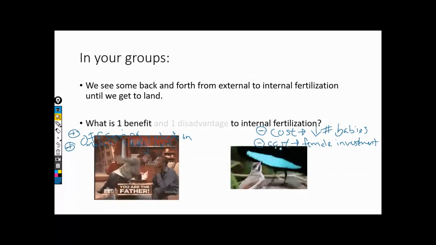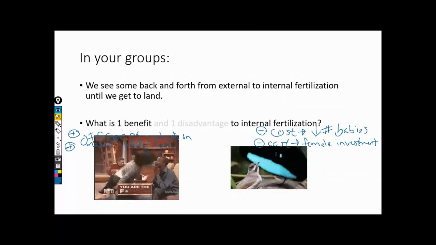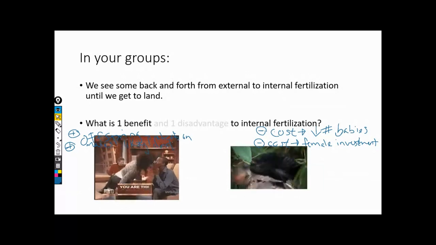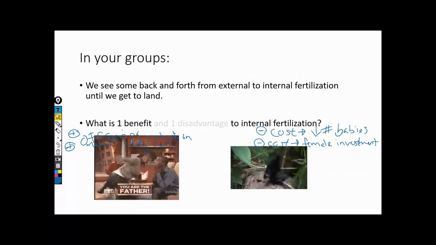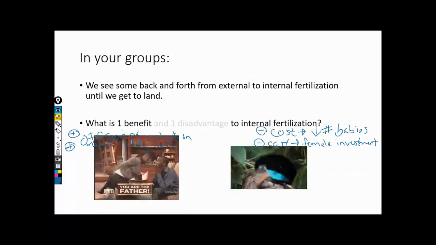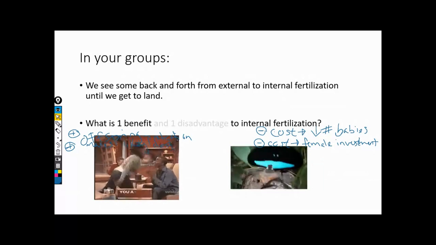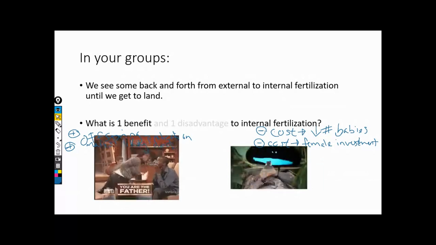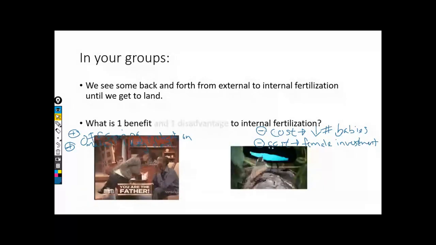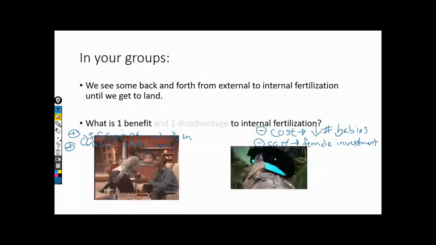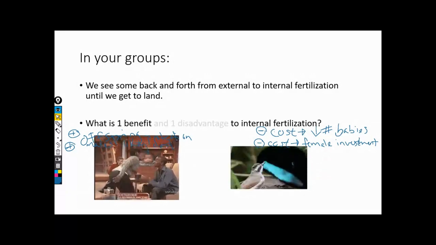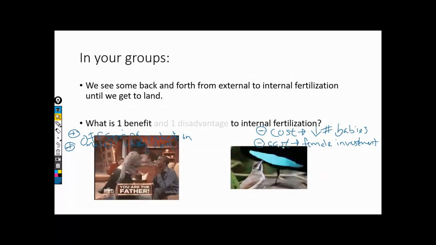Super. I was just curious about what would a benefit be for the mom in the situation for internal fertilization. We talked about the disadvantage that mom is more at risk for pregnancy. What would be the advantage to mom for internal fertilization? So the question is, what is the benefit directly for mom? Not necessarily anything specific.